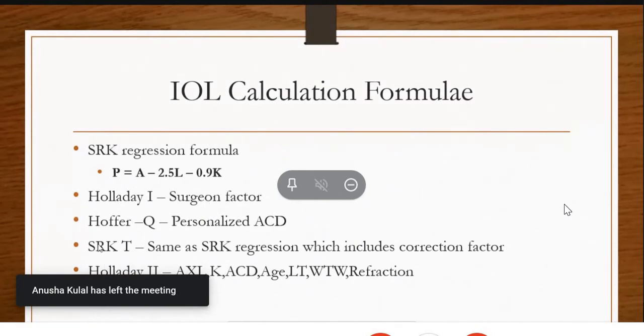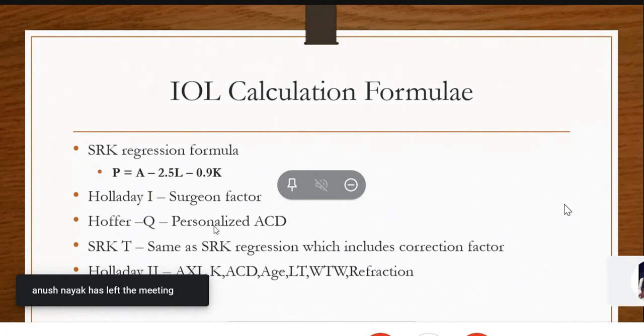So Hoffer Q mostly uses the personalized ACD. Personalized ACD is nothing but, before the optimization of the A constant, the doctor will do surgery for nearly around 20 to 30 patients. They will collect all the data, and for each and every patient, they will measure the ACD.